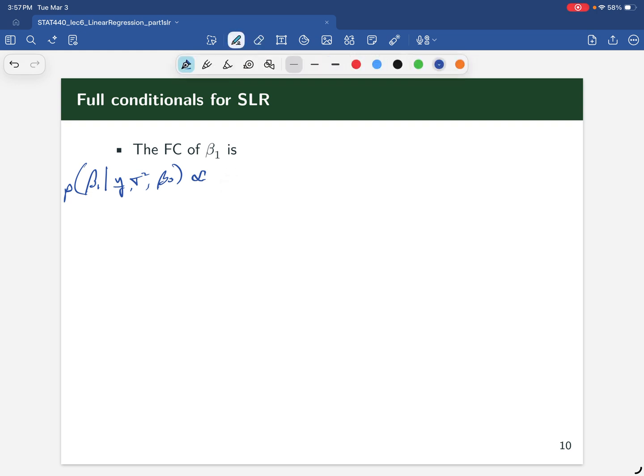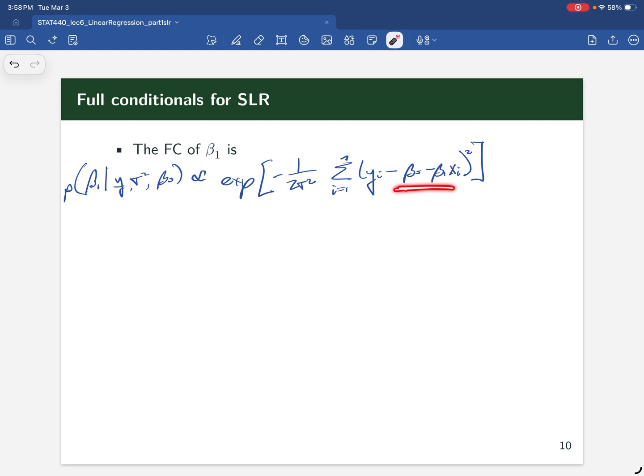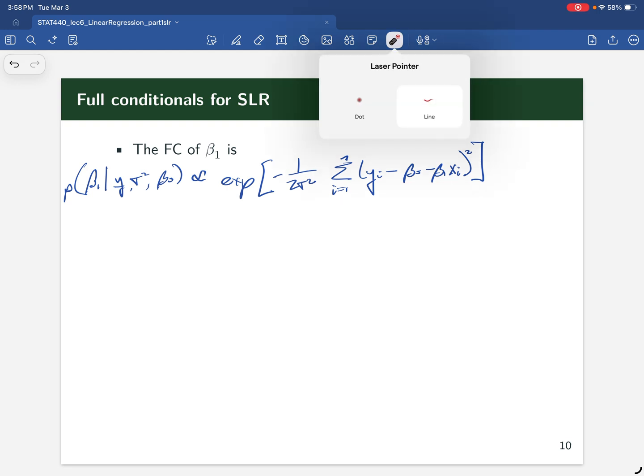All right, our posterior is going to be proportional to e to the -1 over 2 sigma squared, summation i equals 1 to n of (yi minus beta naught minus beta 1 xi) squared. You'll see that what I've done here is I've just distributed that negative sign through.